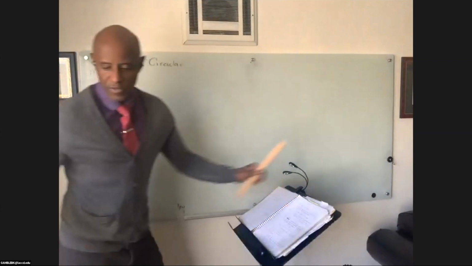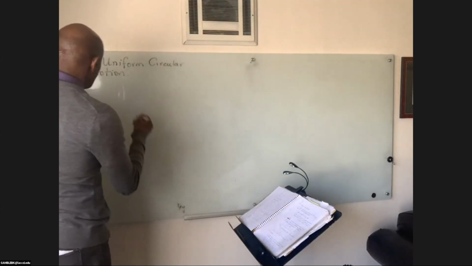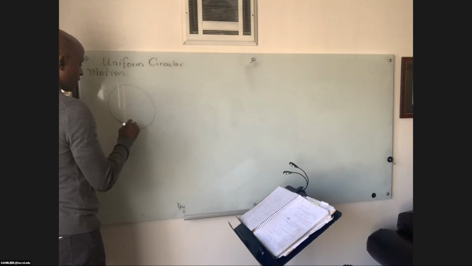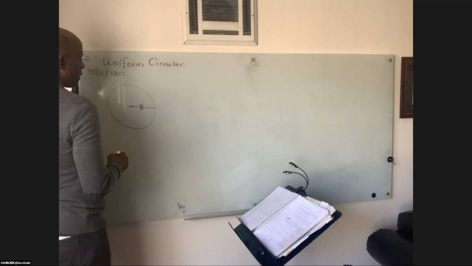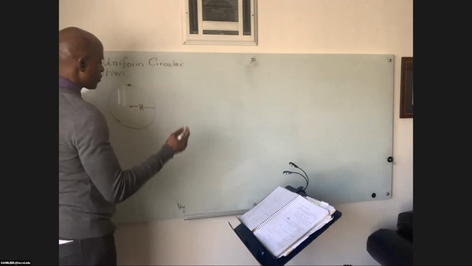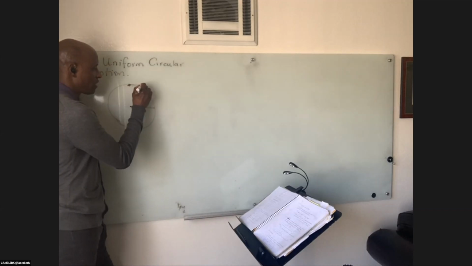Again, to distinguish between velocity and speed, if you have something moving in a circle, let's say in the clockwise direction, at a radius r, the velocity of the object at every point on the path is tangent to the path.